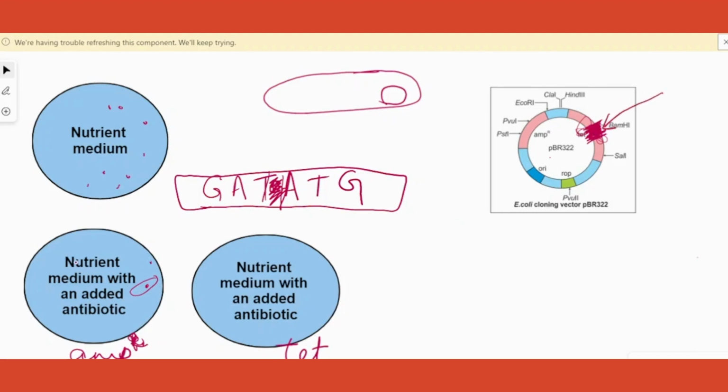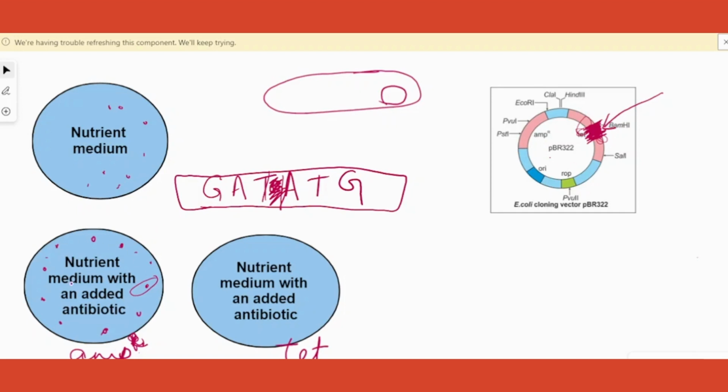Clear? So, what do I do? I try to take a few colonies from this plate. Right? On this plate, whatever is growing, if it is growing on this plate having the antibiotic ampicillin, it shows that my host organism, which is a bacteria, is able to resist this ampicillin because of the presence of my plasmid. Alright.